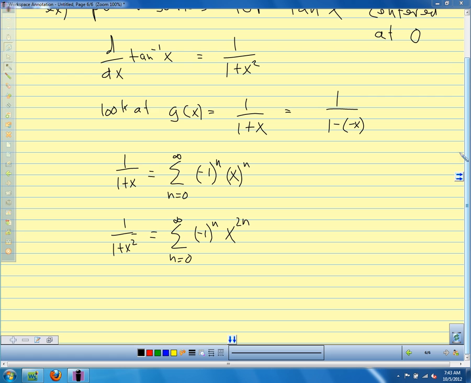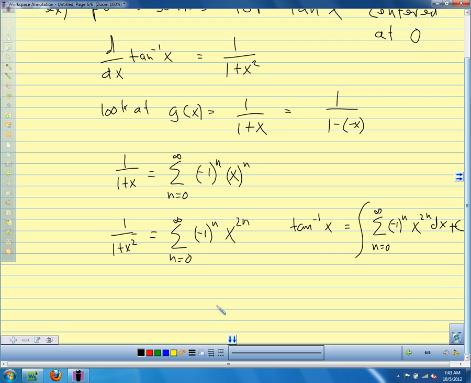And the inverse tangent of x is going to be the integral of this quantity, and we're going to explicitly account for a constant.